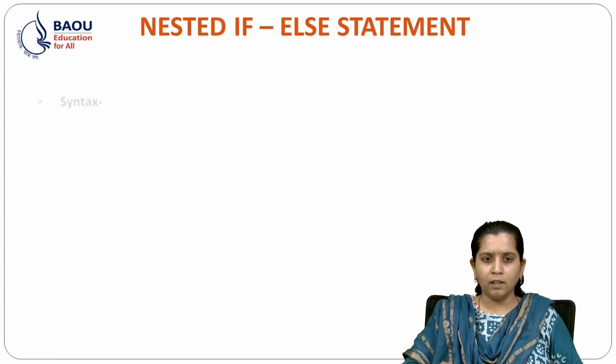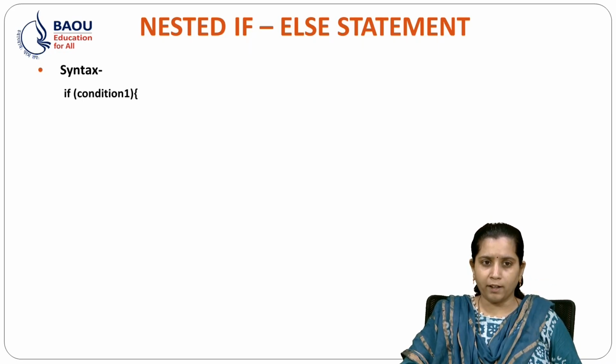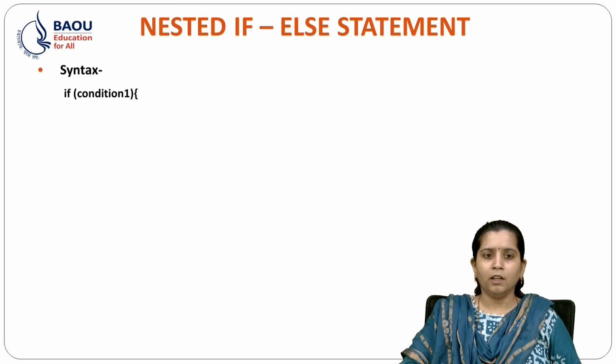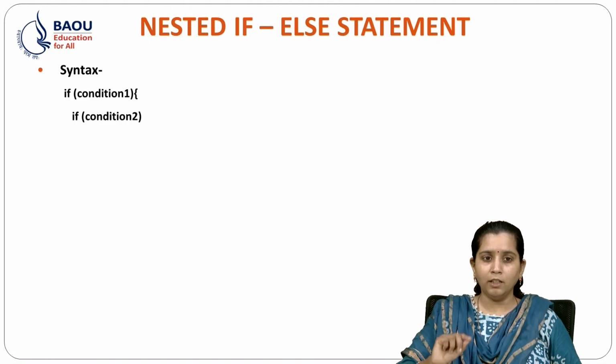Now let's see the syntax of the nested if else statement. First we will check whether the condition is true or not. If it is true, then the if block will be executed. In that, another condition is applied. If this condition is true, then this if will be executed.